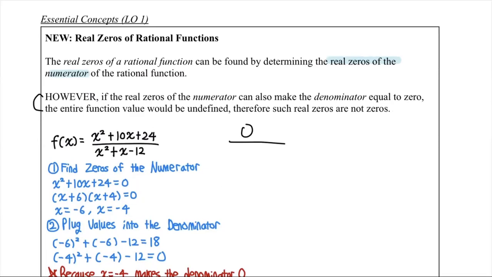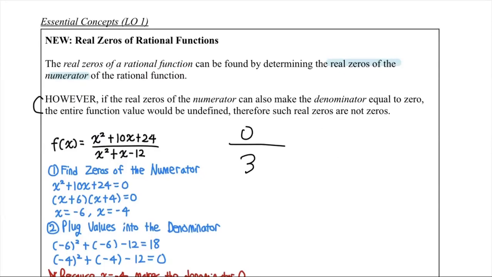Whenever we have a zero in the numerator, it normally equals zero, but there is only one instance where that is not true: when the denominator is also equal to zero, when we have 0 over 0, that is undefined.